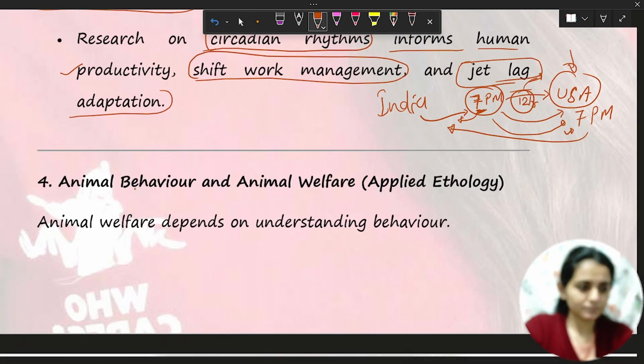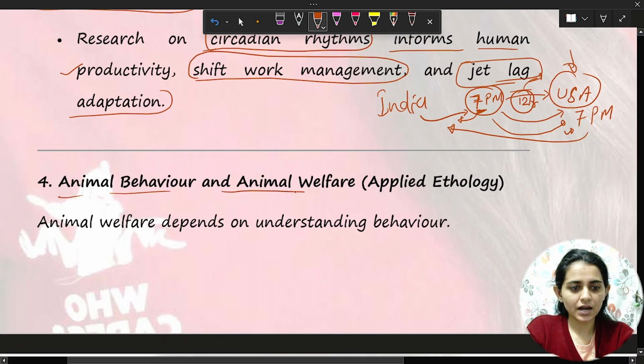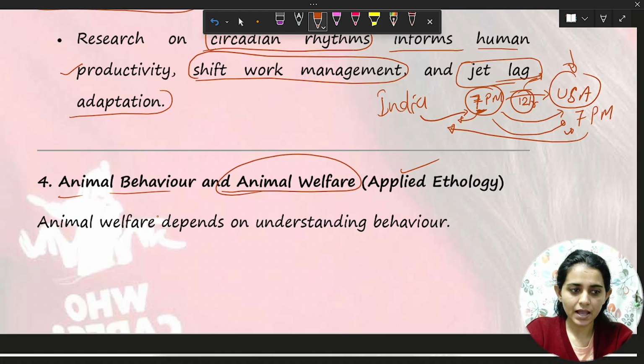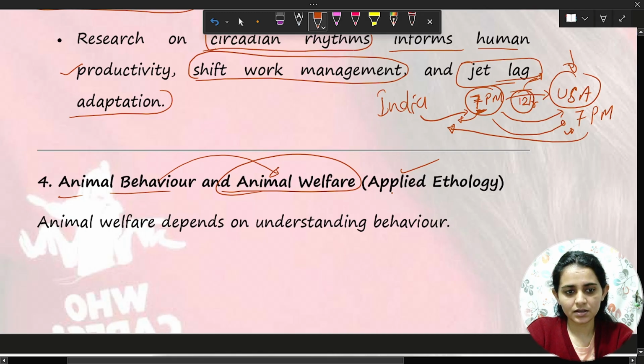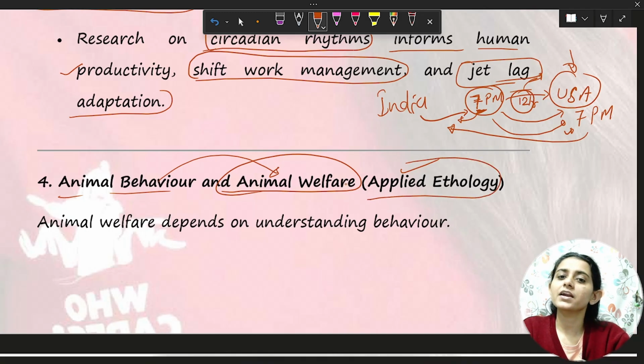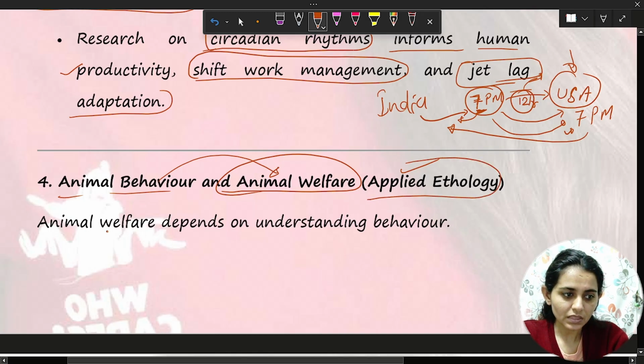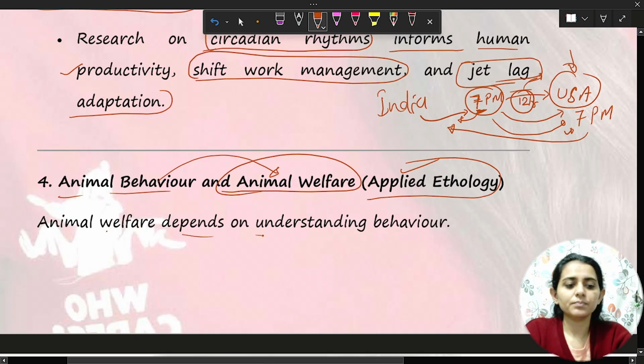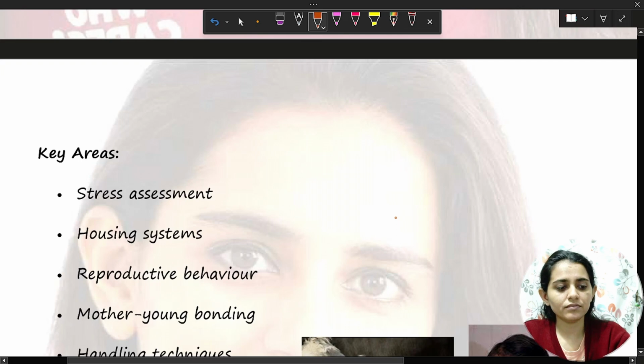Animal behavior and animal welfare: how animal behavior helps animal welfare in applied ethology. Animal welfare depends on understanding behavior.